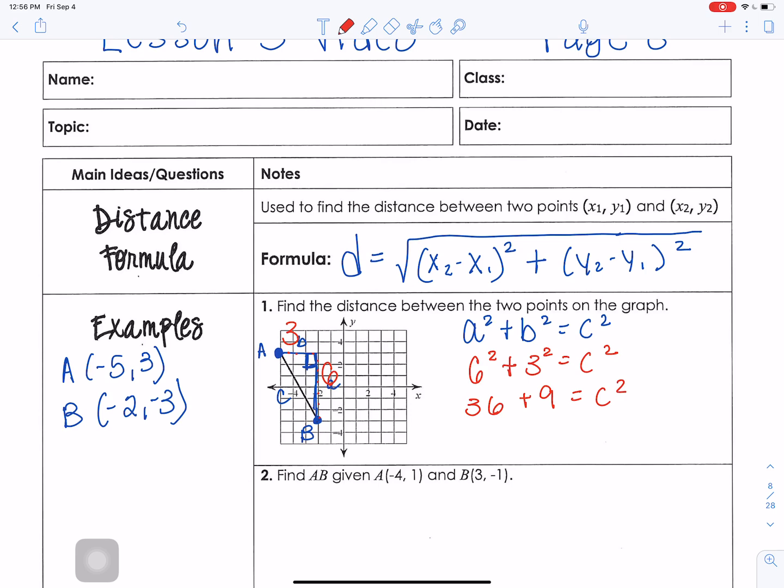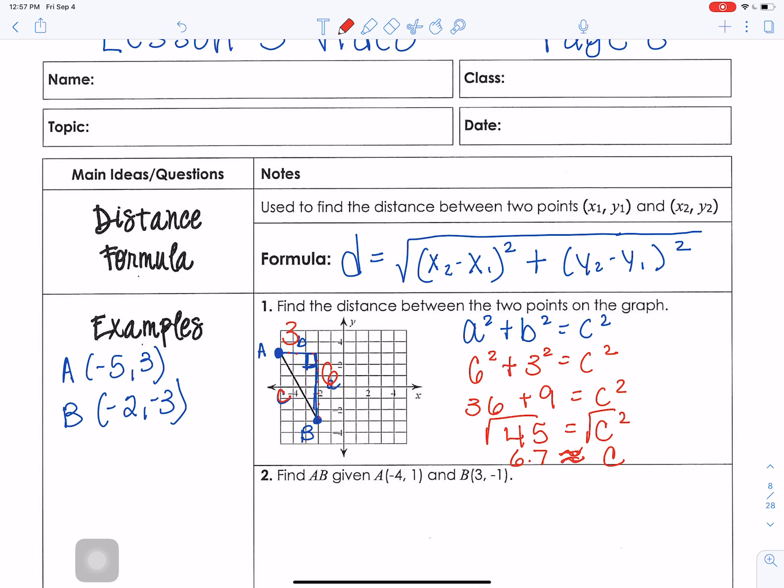And when I add those together, I get 45. And then to find C, which is the length from A to B, I just take the square root of both sides. With a calculator, the square root of 45 is approximately 6.7.